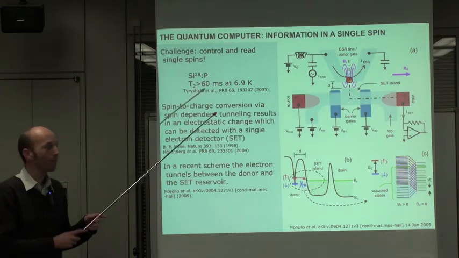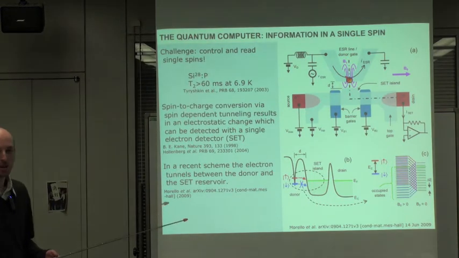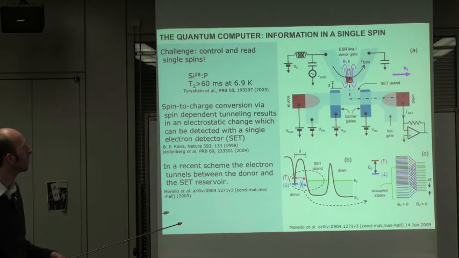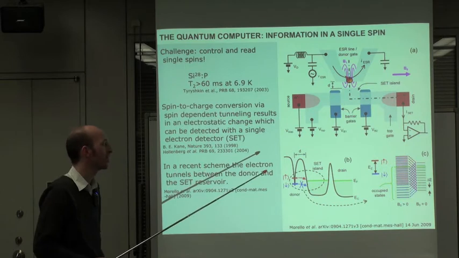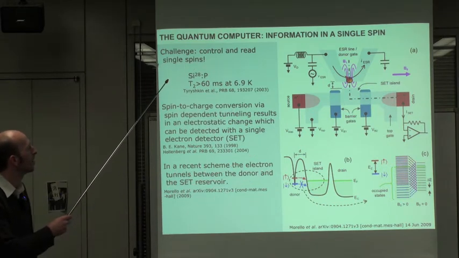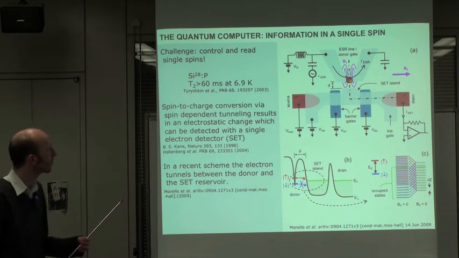So lastly, probably you'll be most interested in this, the ADMR type experiments. So for the quantum computer, of course, the information is held in a single spin, but the challenge is the control and readout of that spin.